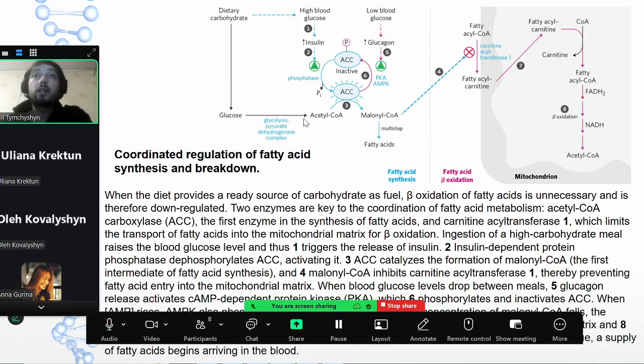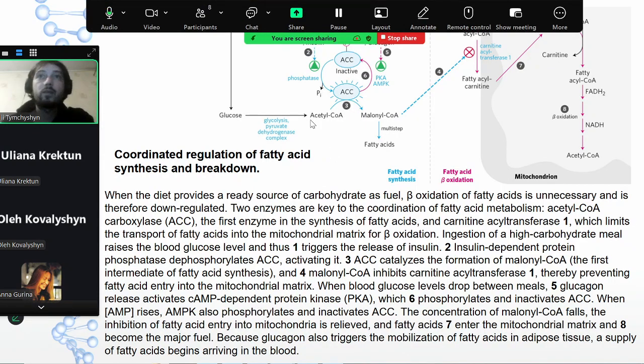Where do we get acetyl-CoA? How do you think? One of the pathways we have studied with you contained acetyl-CoA as one of the final steps.